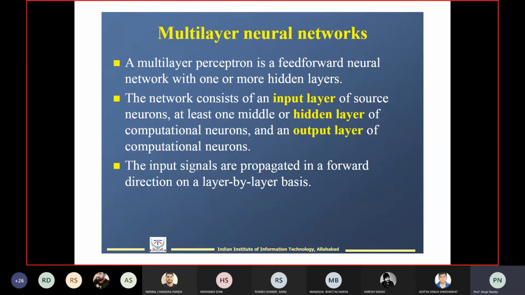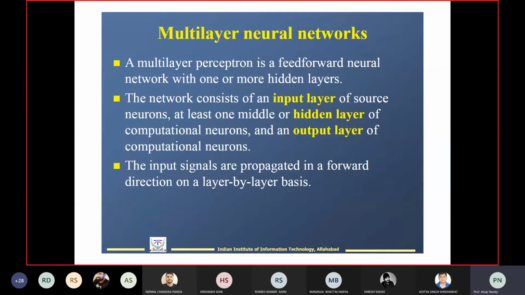Okay, so whenever you are going to use MLP, the multi-layer perceptron model, as a classifier, then you have to apply the backpropagation algorithm. Why the backpropagation algorithm, you will get to know.